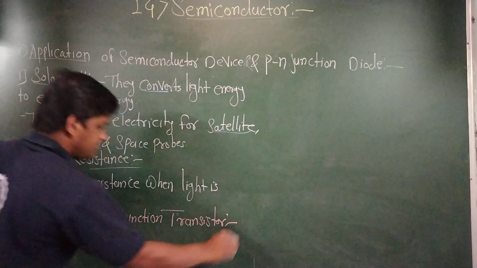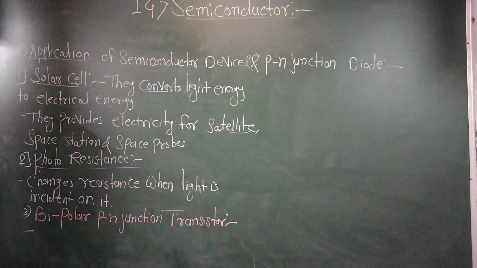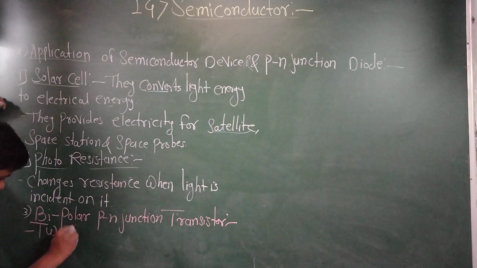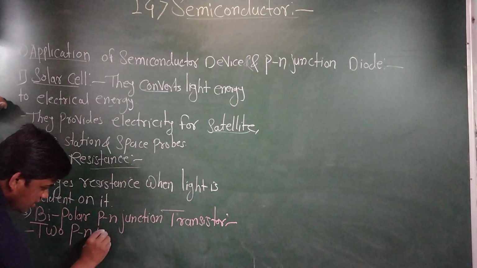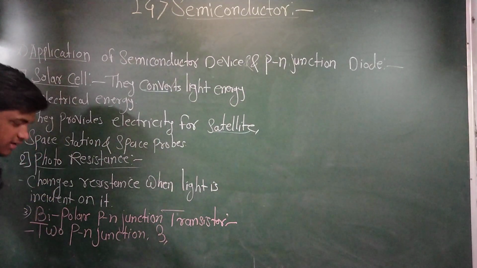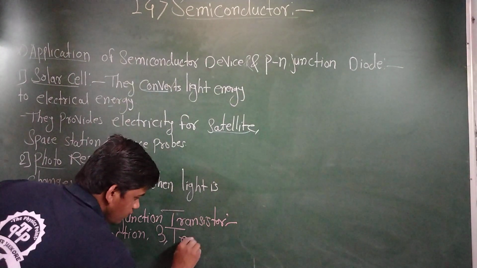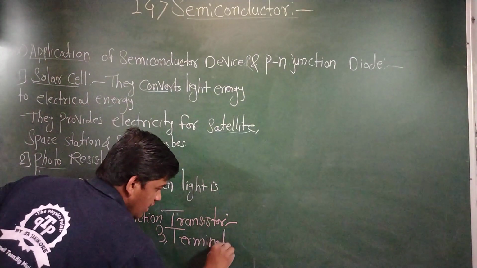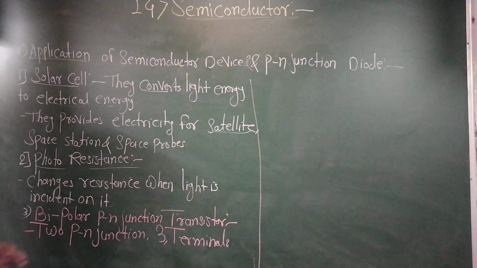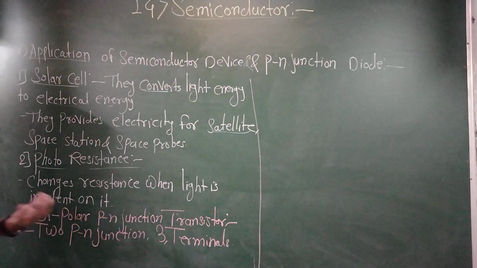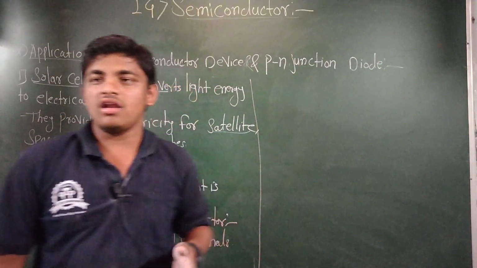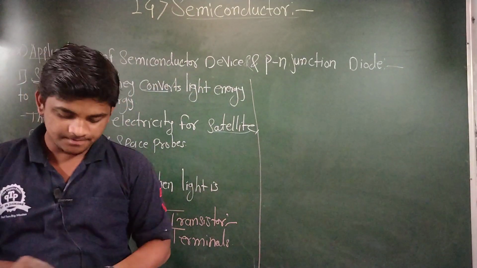These are devices that combine two PN junctions and three terminals. These are the types of bipolar junction transistors, that is PNP and NPN transistors.